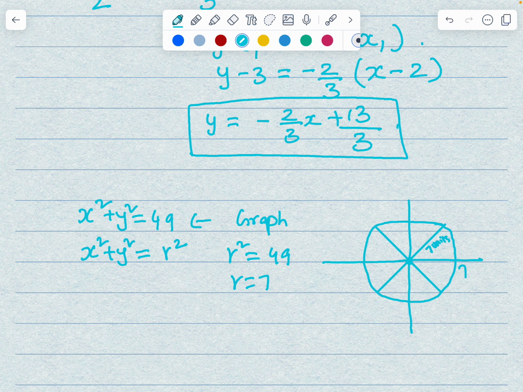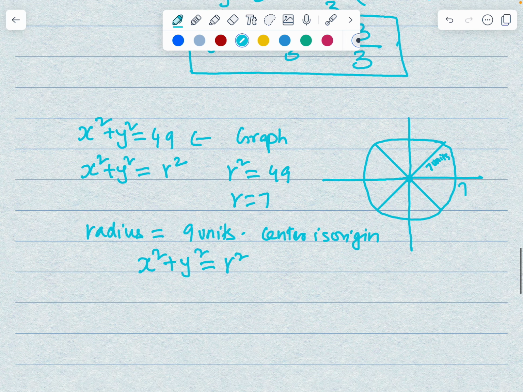Then the other thing that you could get is the radius. Say the radius is, I don't know, 9 units, and the center is origin. Write the equation of a circle. You know that it's x squared plus y squared is equal to r square. So you're going to write x square plus y square is 9 square.